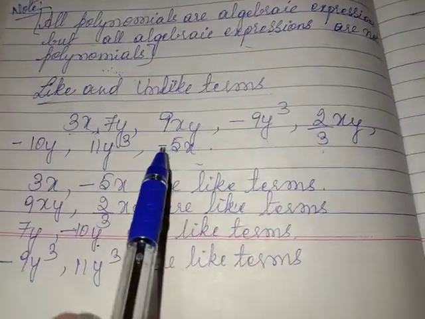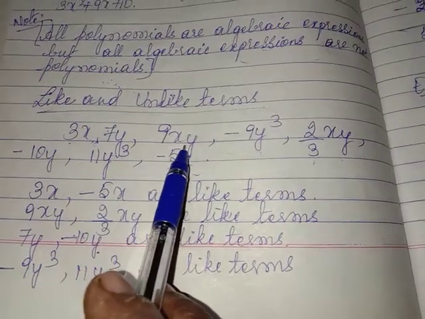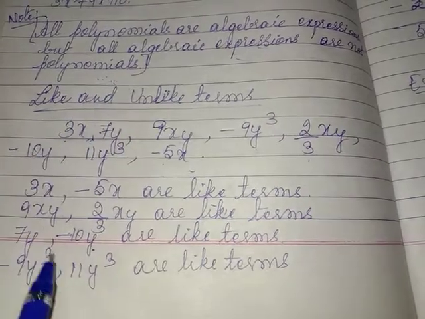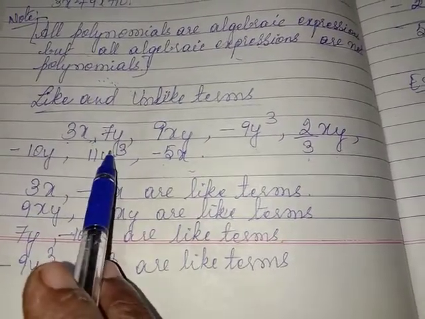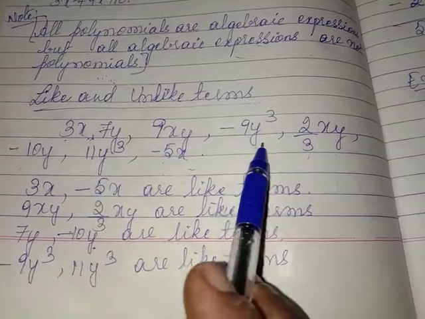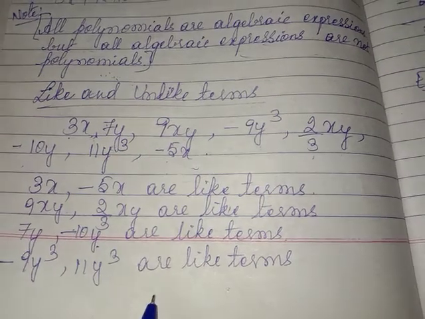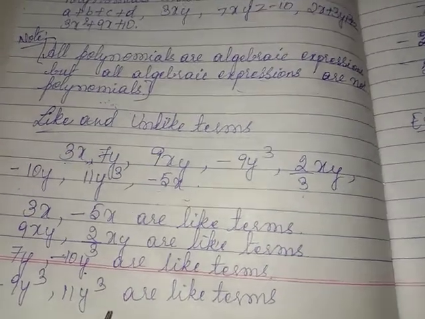Like that, the groups of like terms we can find here: 9xy and 2 by 3xy are like terms, 7y and minus 10y are like terms, 10y cube and minus 9y cube are like terms. Then what are unlike terms?